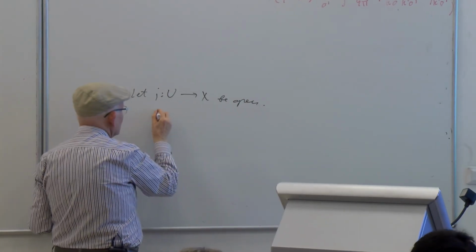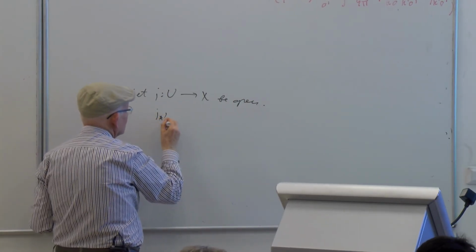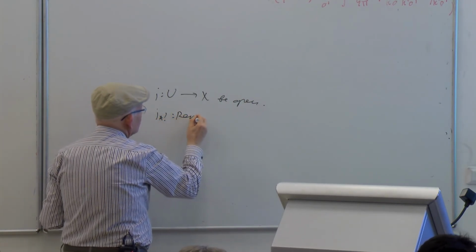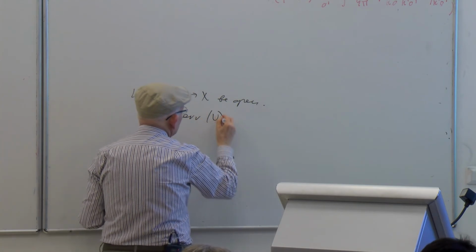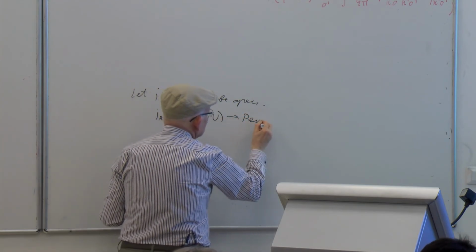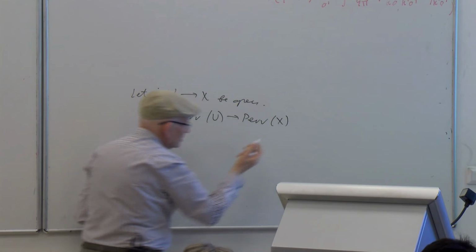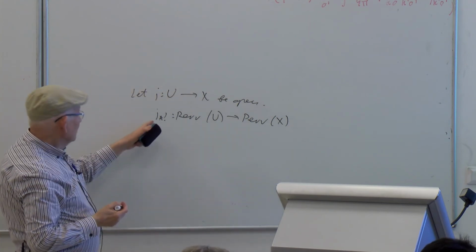In this case, I also want to define J shriek from perverse of U into perverse of X. In this case, it's also defined.